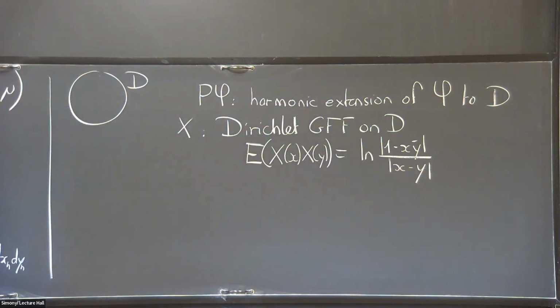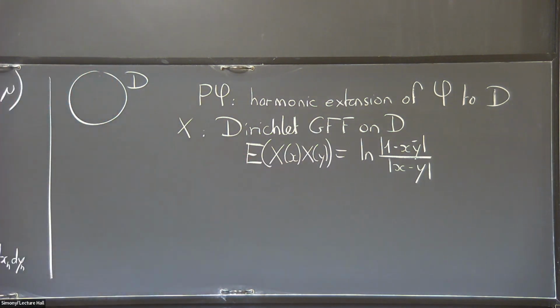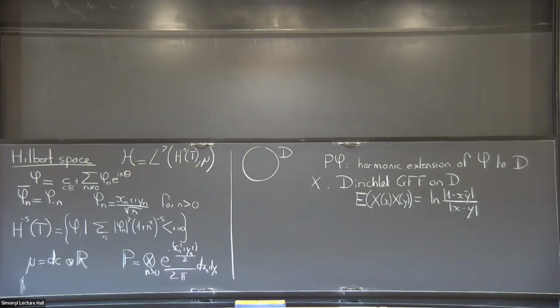Okay, so this is a Gaussian field, characterized by its covariance kernel, and it's given by the Green function of the Laplacian with Dirichlet boundary condition on the unit disk. Okay, so now I want to use these two guys to define the semigroup on the Hilbert space.